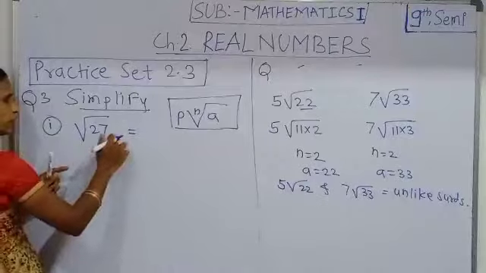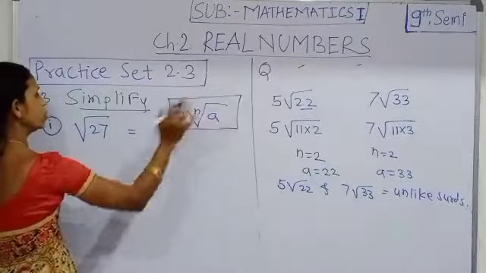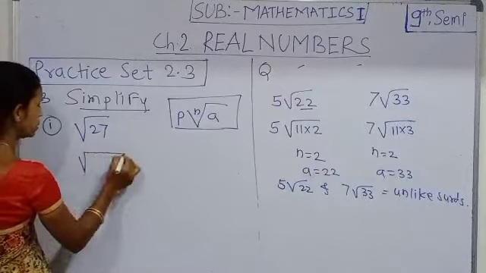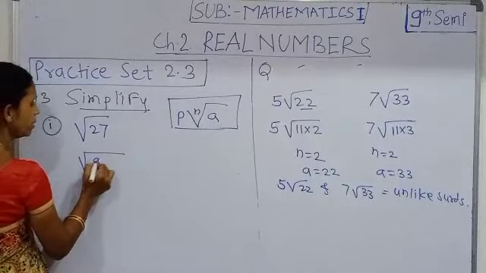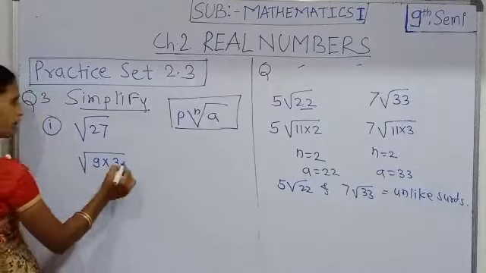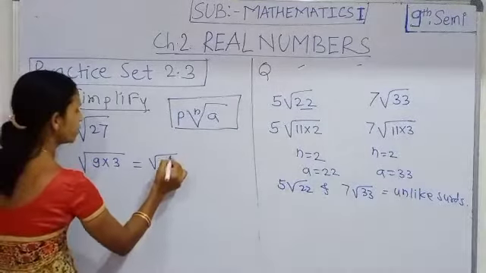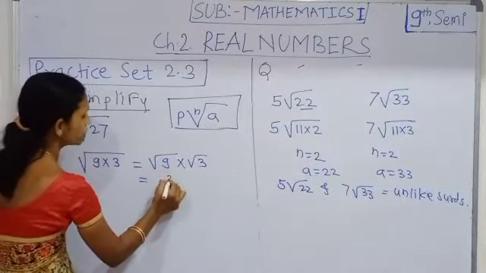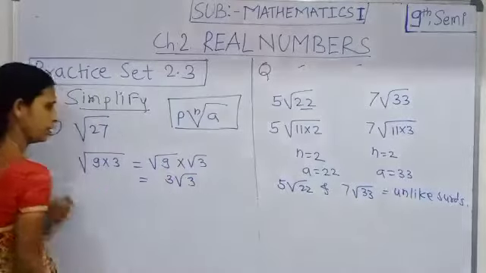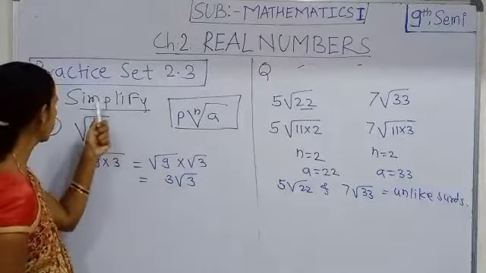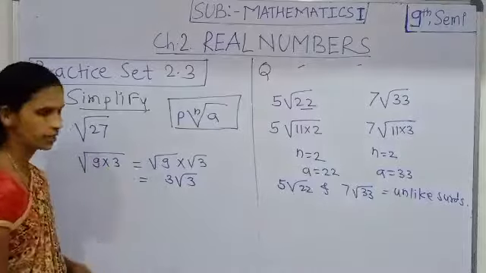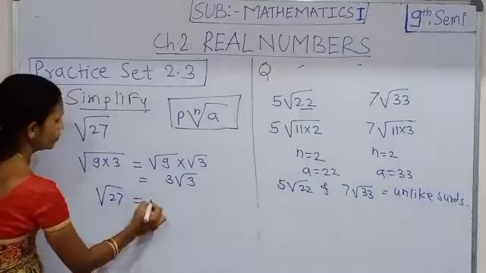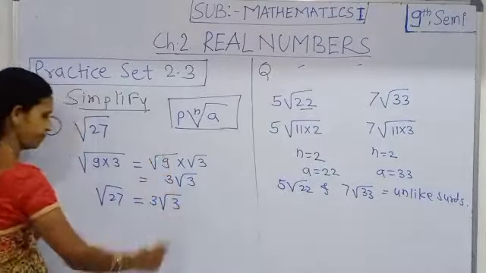To convert it into p nth root of a, we have to factorize 27, that is 9 into 3. Therefore square root of 9 into square root of 3. Therefore square root of 9 is 3, so 3 root 3. That is the simplest form of root 27. That means root 27 is 3 root 3.